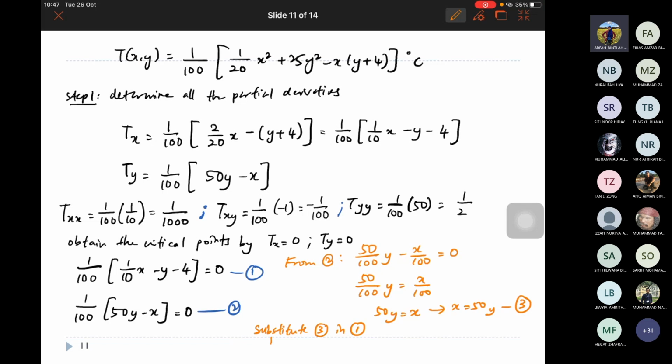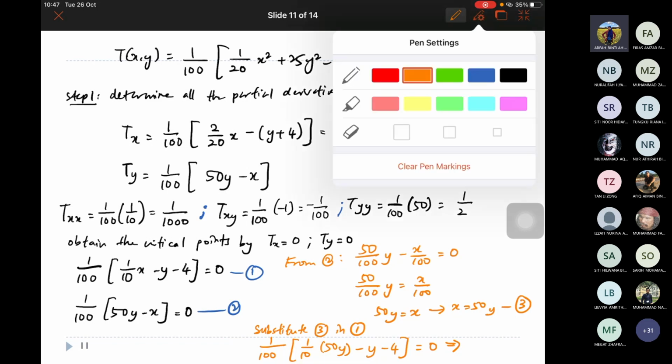So 1 per 100 darab 1 per 10, 50 Y tolak Y tolak 4, sama dengan kosong. So, yang ini sebenarnya you akan dapat 1 per 100 4Y tolak 4.